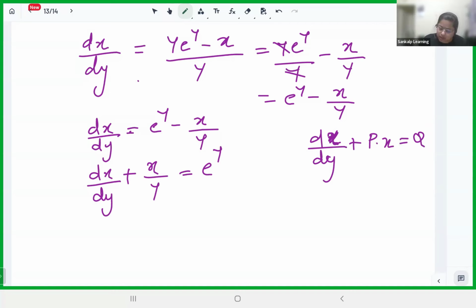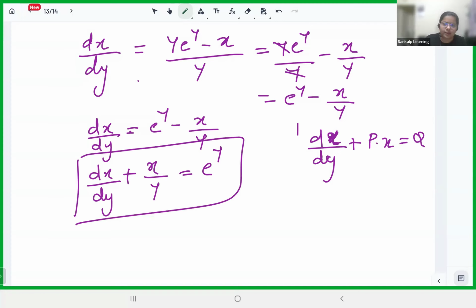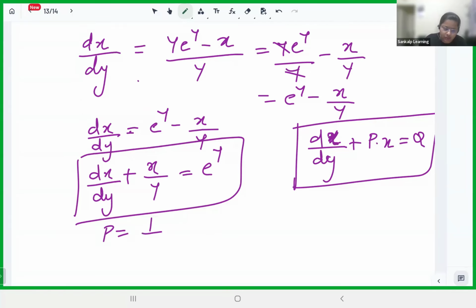Now here p is equal to 1 by y and q is equal to e raised to y.